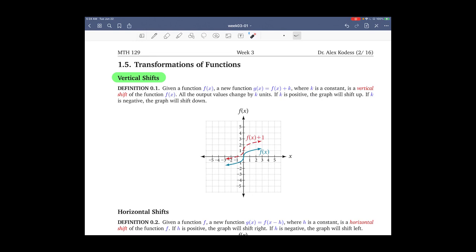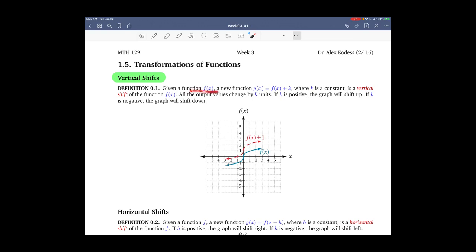More precisely, if the constant is positive, like in this example, the constant is positive 1, you shift the graph by 1 unit upward. And if the constant is negative, you shift the graph by 1 unit downward. That is a vertical shift.